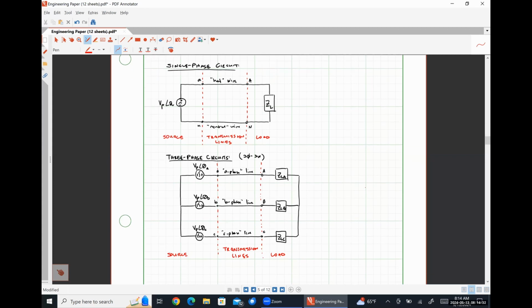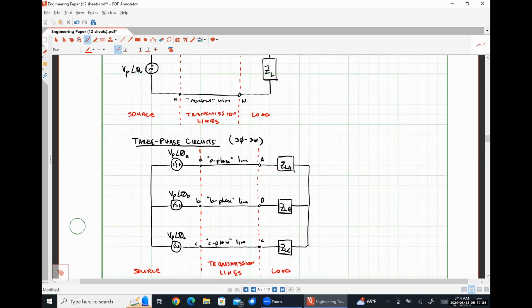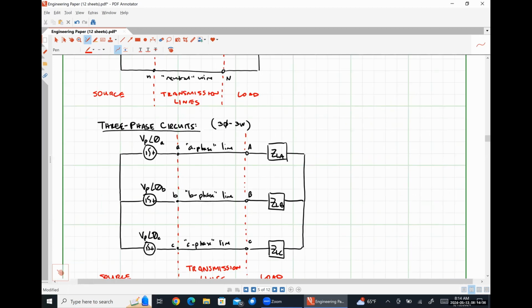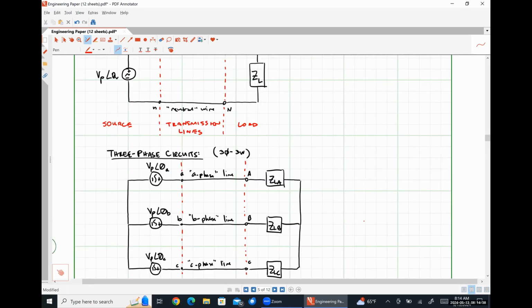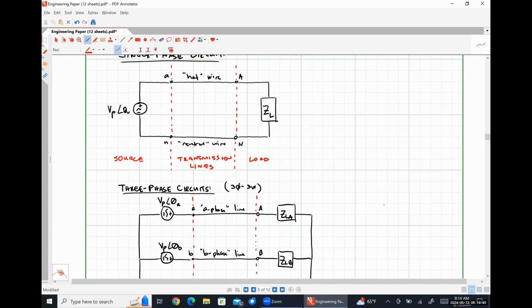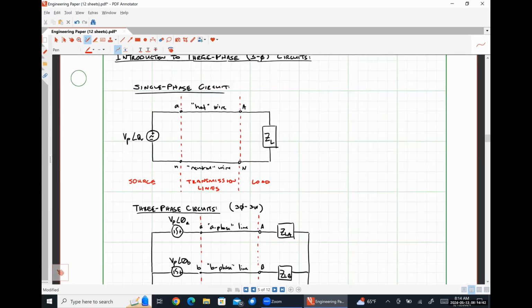So I'm going to scroll back out here, and I'm going to hit you with the average power relationship. We're going to derive these things later. For a single-phase system like this, the average power, actually, hold on, let me do it this way.